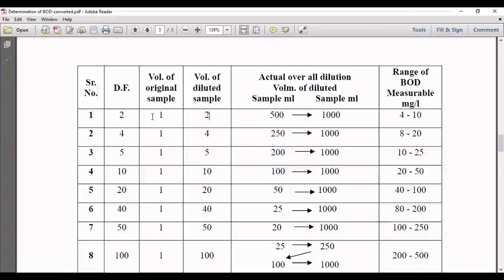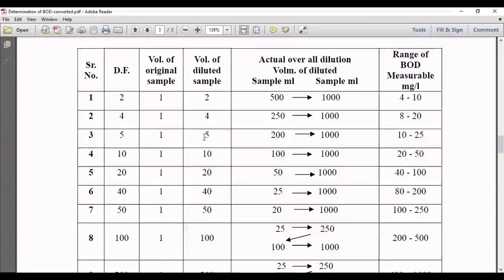Suppose I take 500 ml of the original sample to be diluted, and I add distilled water to it in such a manner that the total volume becomes 1000 ml.